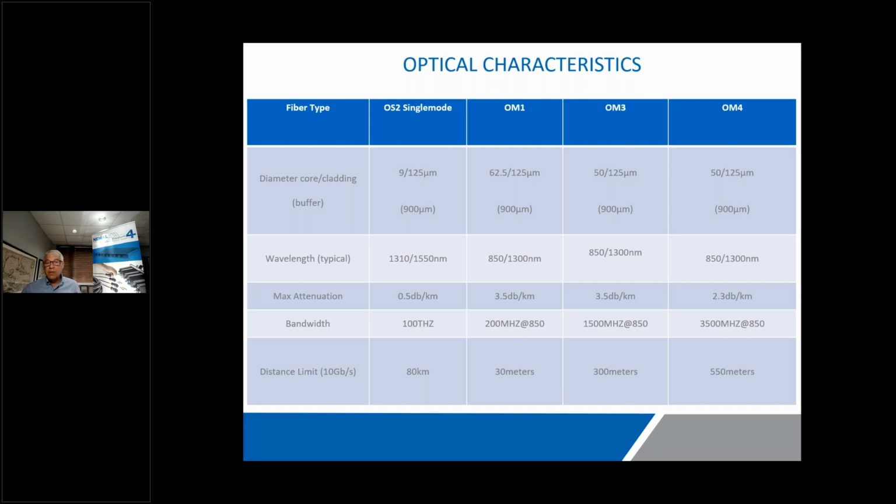The diameters are different, and you can see the performance is drastically different. Comparing the performance of even the relatively high performing multi-mode OM4 to single mode, you can see that the multi-mode has about 5 times the attenuation, nowhere near the bandwidth, and not even 1% of what the distance capabilities are.